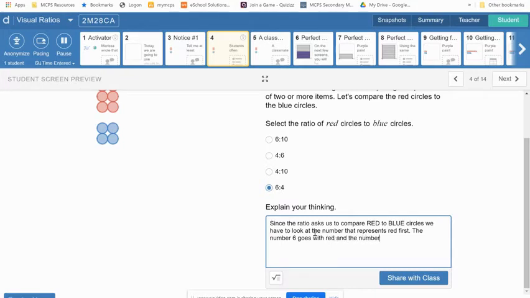And the number 4 is represented by blue. I picked the ratio 6 to 4 because they say red first and blue second.